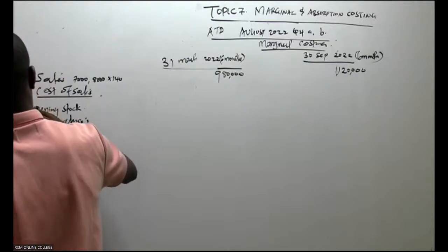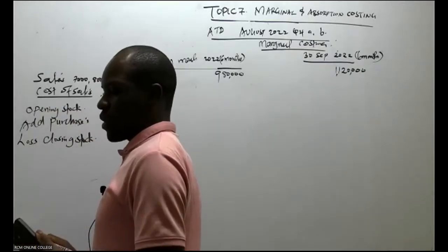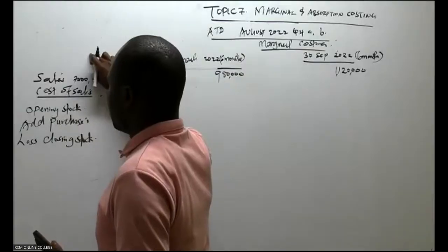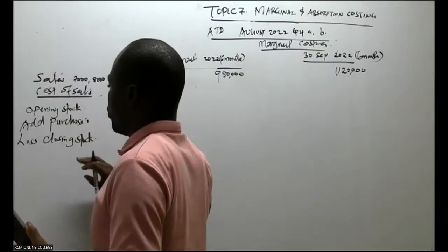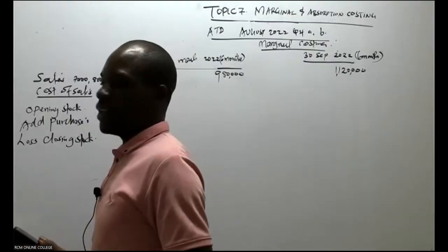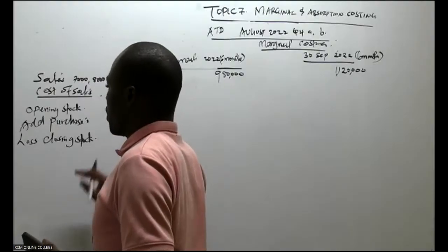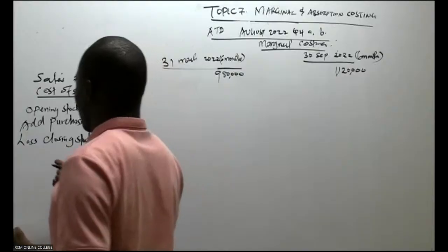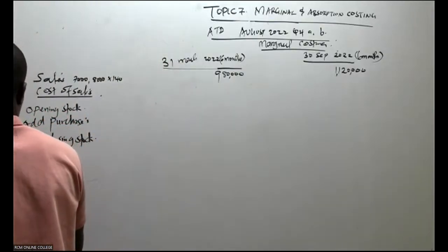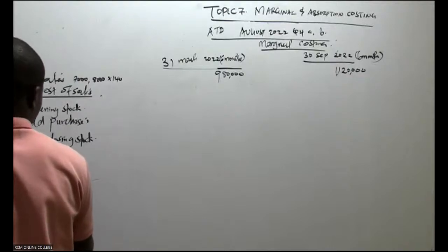But remember, the items we are dealing with here are variable production costs. Direct material is variable. Direct labor is variable. And there are only those two. We don't have variable production overhead. So it's only those two that will form part of product cost. Because whatever we are dealing with is only variable cost, we'll be able to arrive at what we call gross contribution.